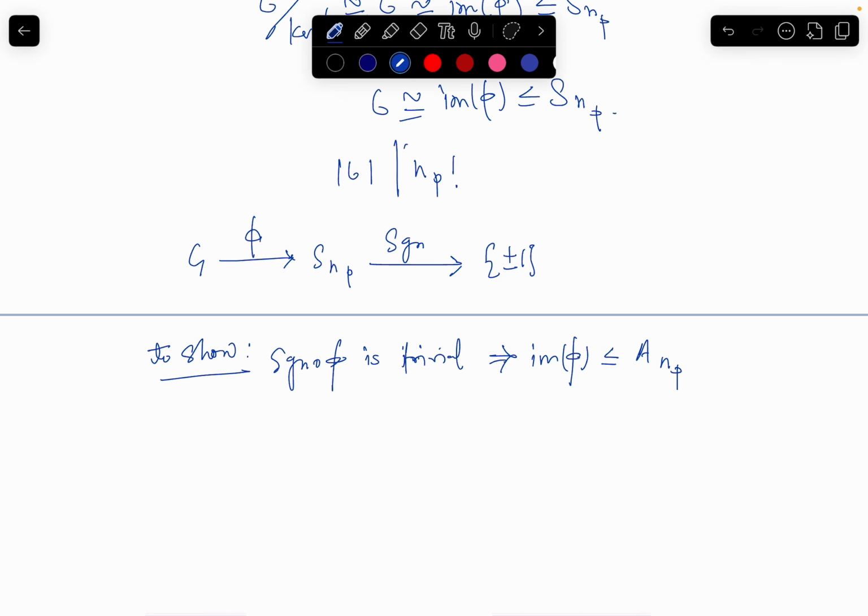Suppose it is not trivial, then sign of phi is a surjection.